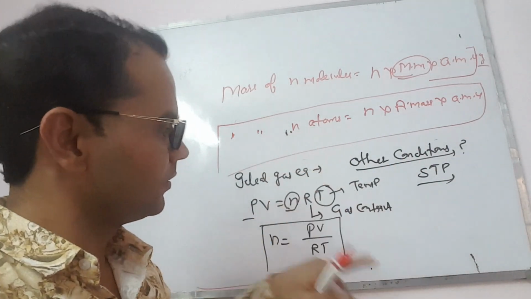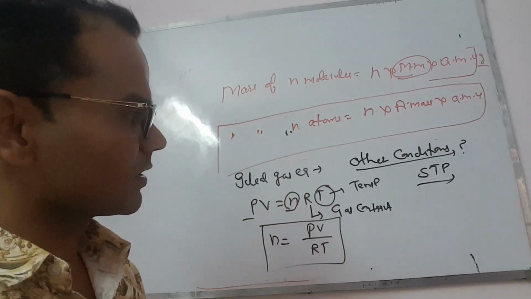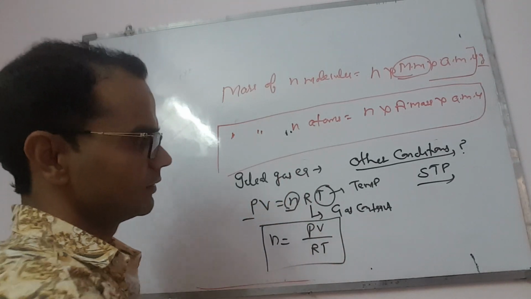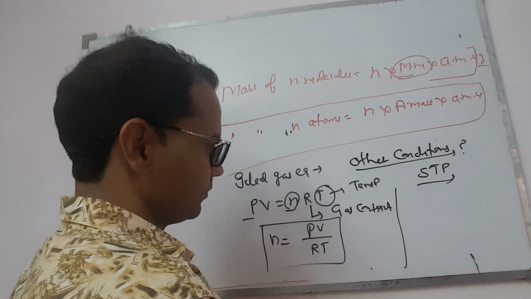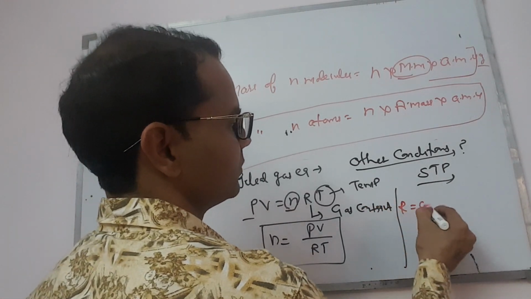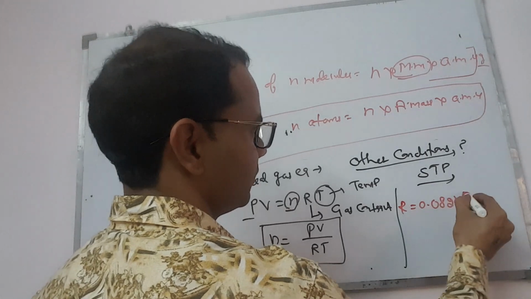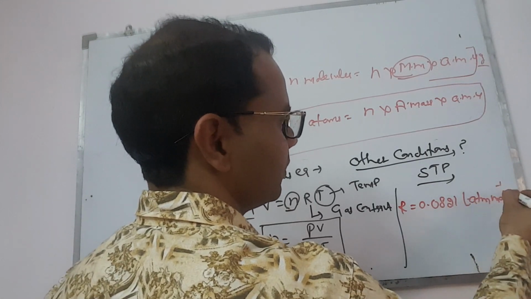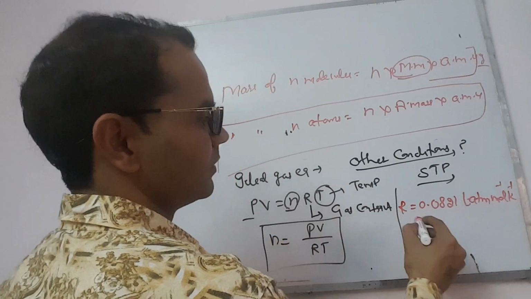Easy. The values of the gas constant vary according to different units. Some values are 0.0821 liter atmosphere per mole per Kelvin.